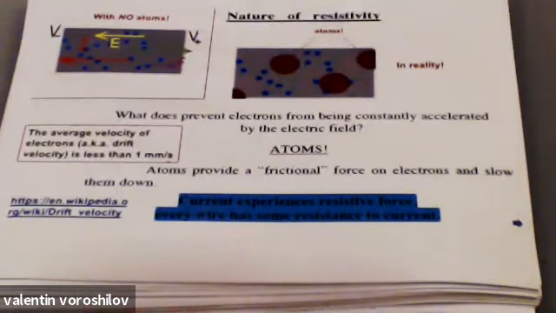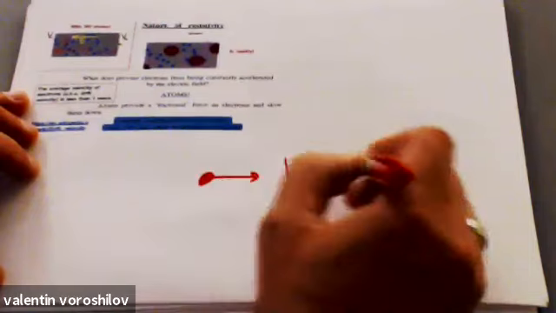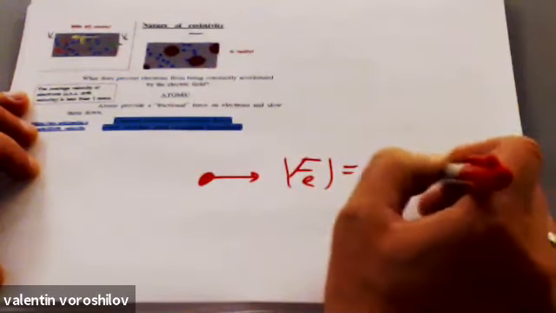So let's take a look at this process. We've got an electron. There is a force acting on this electron from the electric field. The magnitude of this force is charge times field.